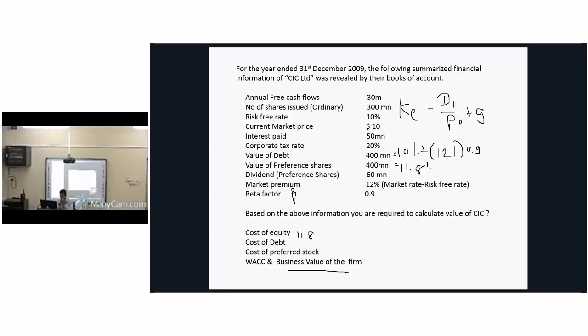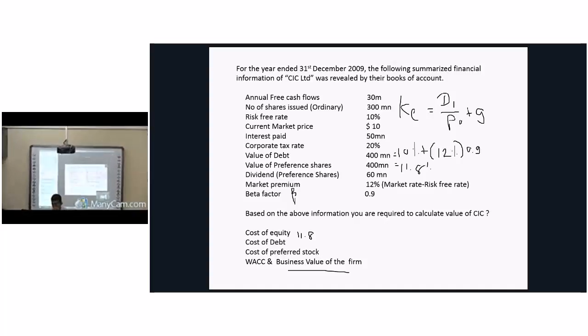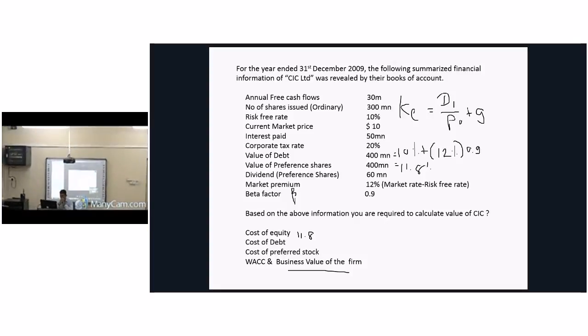So let's calculate cost of debt now. We have the gross interest, we have the corporate tax rate, we have the value of the debt. Can we calculate the cost of debt as well?